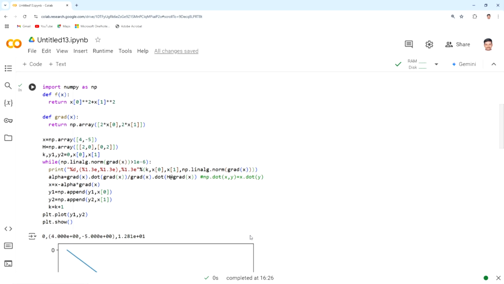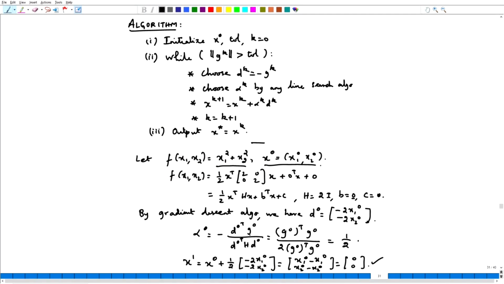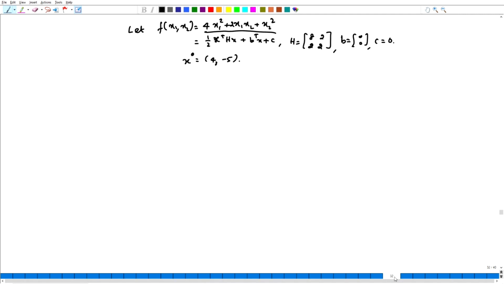It works so well for x1 squared plus x2 squared, but it has kind of failed miserably for 4x1 squared plus 2x1 x2 plus x2 squared. I have not even made it 3 dimensional or 4 dimensional, it is still 2 dimensional and still quadratic, not even cubic or exponential or logarithmic.